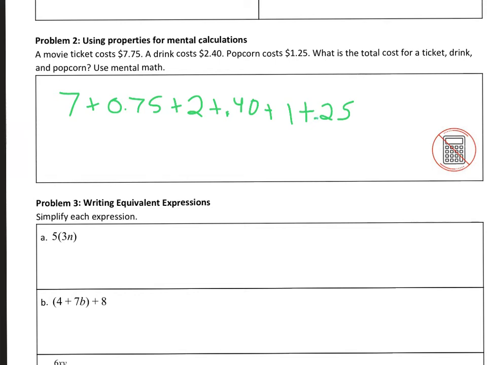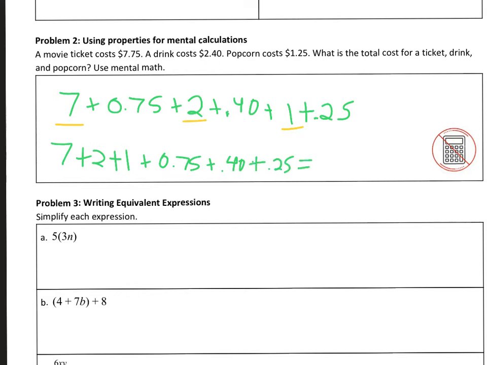So the way I would look at this is that I could rearrange this using my commutative property, 7 plus 2 plus 1, put all the whole numbers together, group those, and then add together 75 cents, 40 cents, and 25 cents.